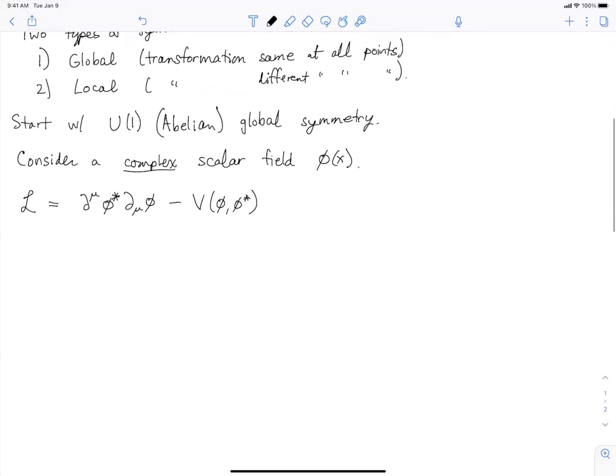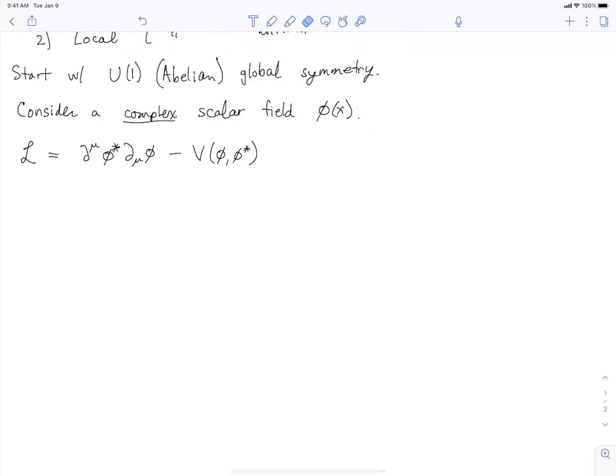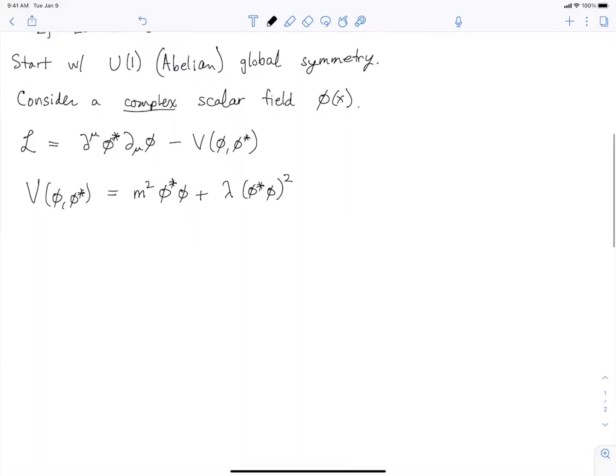So for example, I might write my potential like this: V = m² φ*φ + λ (φ*φ)². Here m² is just some number that has units of mass squared. I'm only including those combinations in order to make sure that my theory actually has a symmetry. In fact, my theory is invariant under the following transformation.